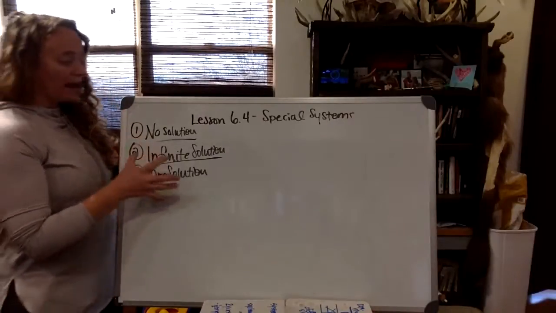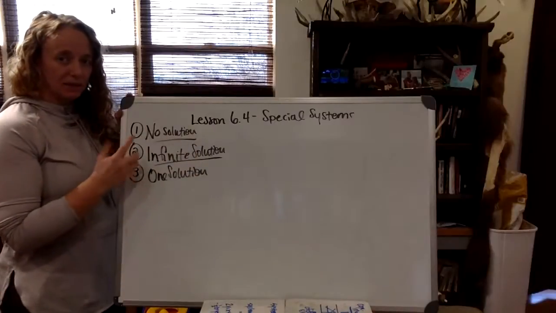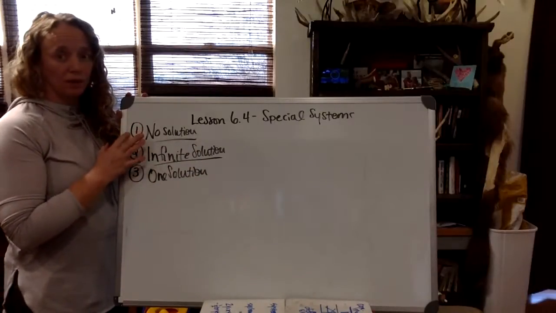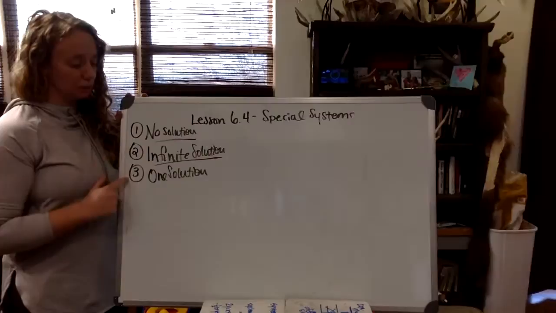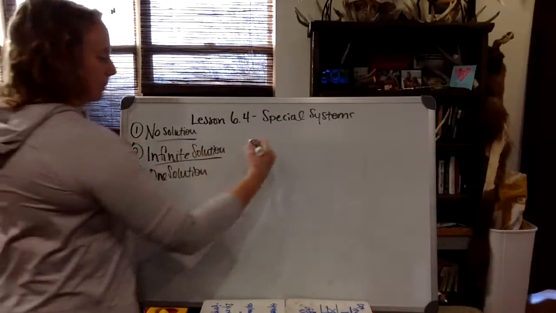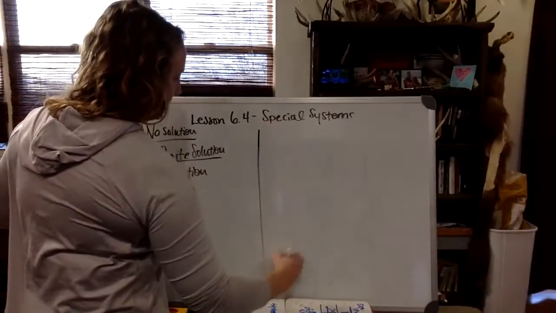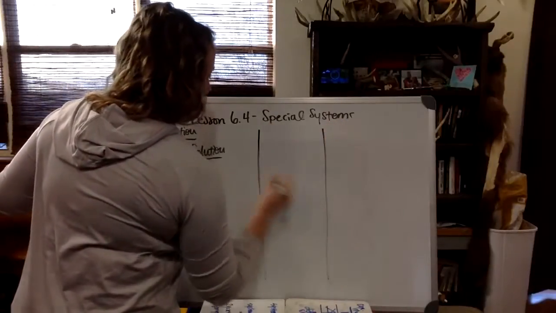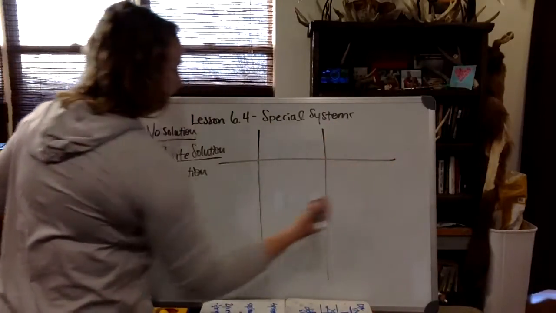So we have three different systems that we can have. We have systems with one solution, infinite solutions, or no solutions. Let's make a little table out of this. Each one of these systems has a little label that we can put to it.